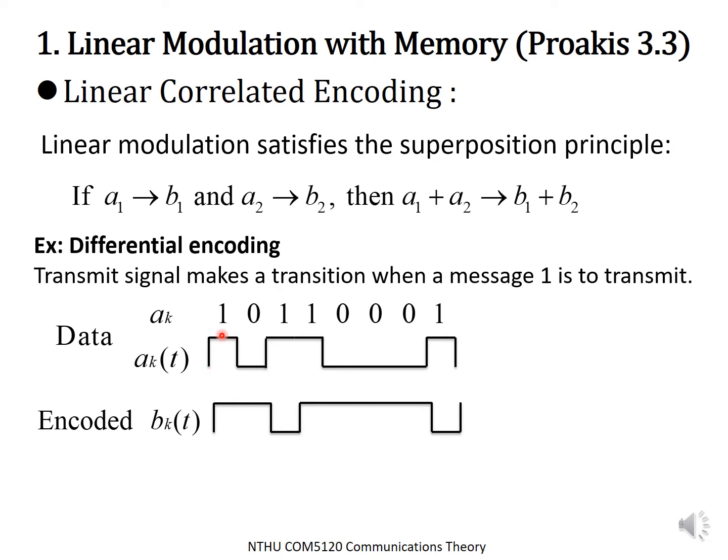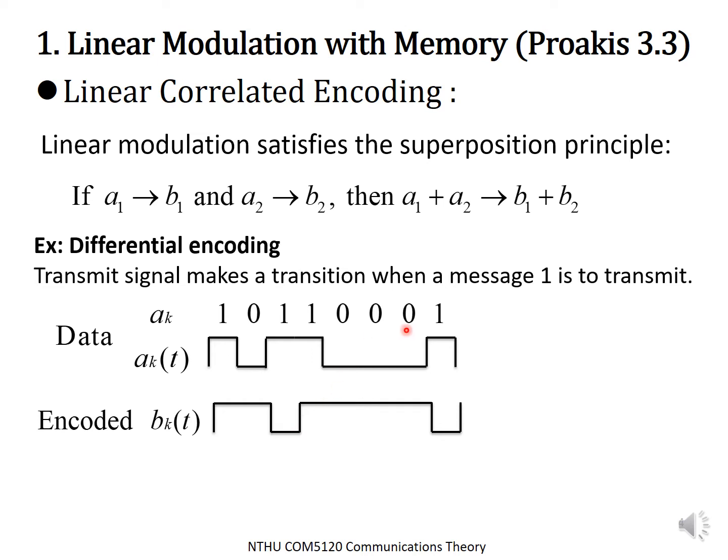So when AK, the message, is 1, and the initial is 0, then BK makes a transition. And when AK is 0, then no transition. When AK is 1, make a transition. AK is 1, make another transition.